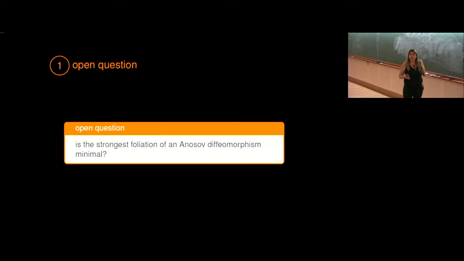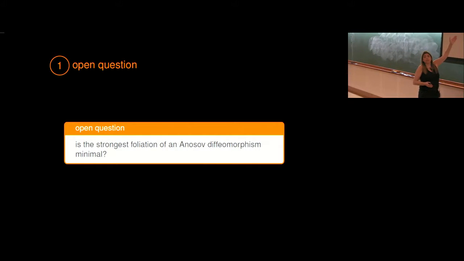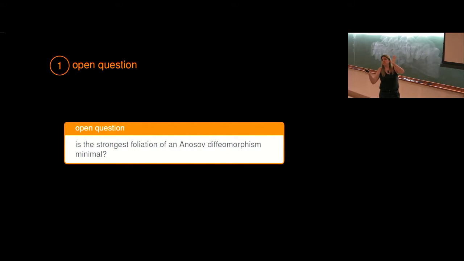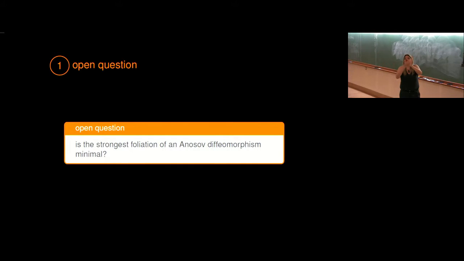For linear maps it's known, but you don't know in general if the strongest foliation of an Anosov diffeomorphism is minimal. I mean, you have a two-dimensional unstable foliation of an Anosov, and suppose it splits into two subfoliations. The strongest one, you don't know if it is minimal.